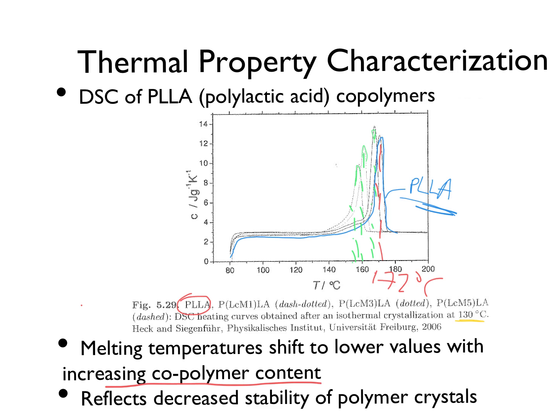They've all seen the same 130 degrees C crystallization treatment, and then they're all thrown into the DSC, and these are the traces that result from that. I was just talking about the nomenclature of PLLA versus PLA. Oh, okay. Yes. The double L means it's the levo form of lactic acid. So it's poly-L-lactic acid, but it's just lactic acid. So you don't need to worry about that here.